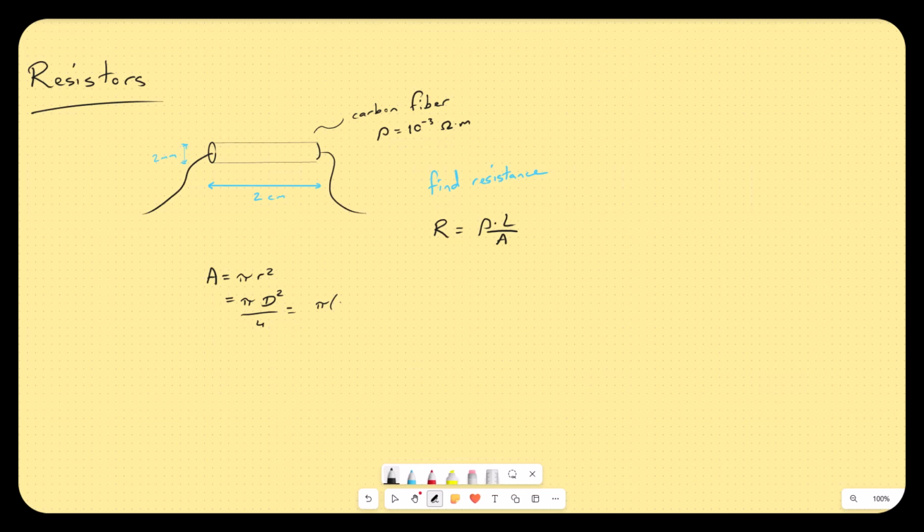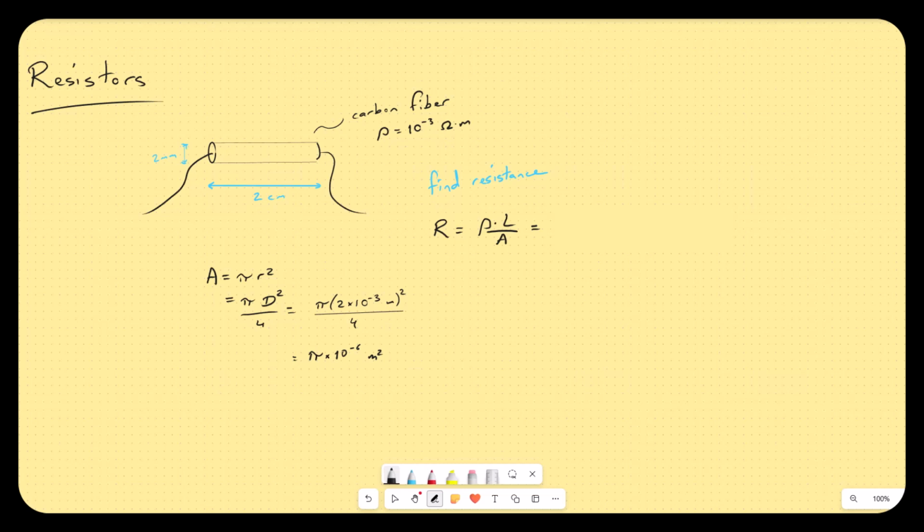So I get pi times 2 millimeters squared divided by 4, which gives me a number of pi times 10 to the negative 6th square meters. So 3.14 times 10 to the minus 6th square meters.